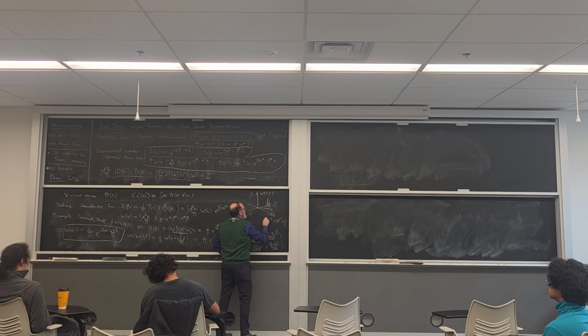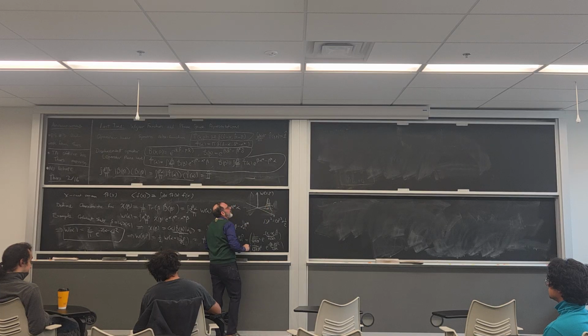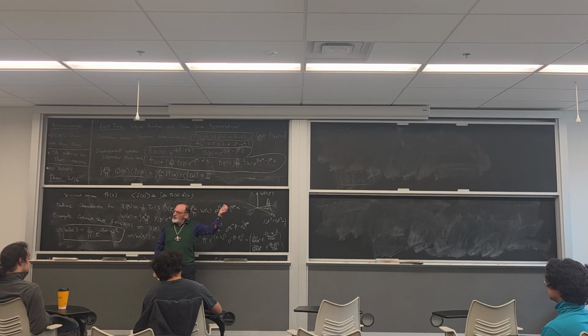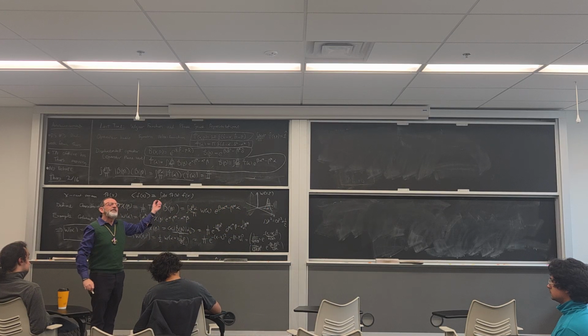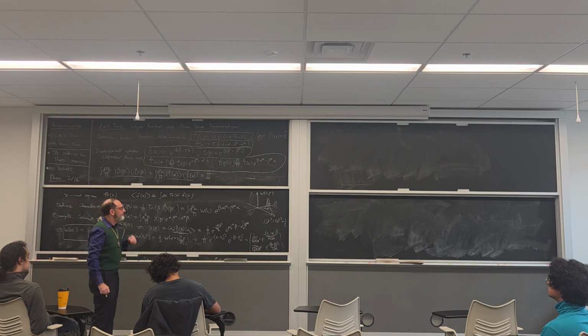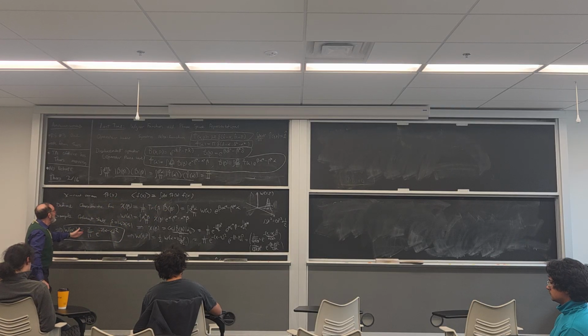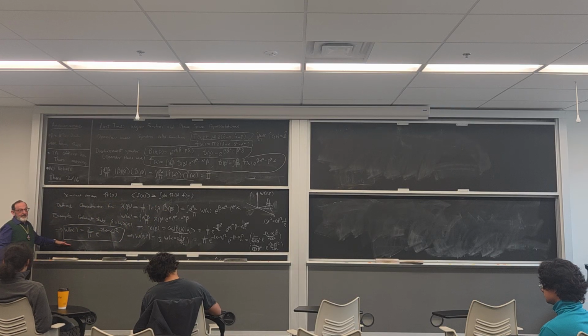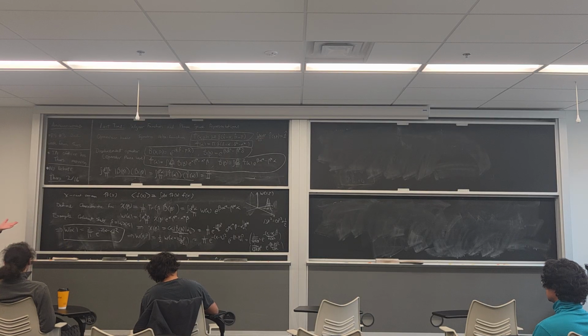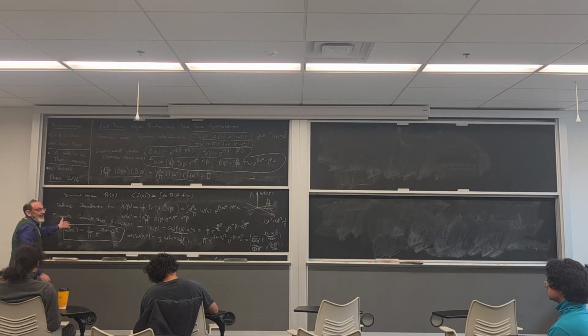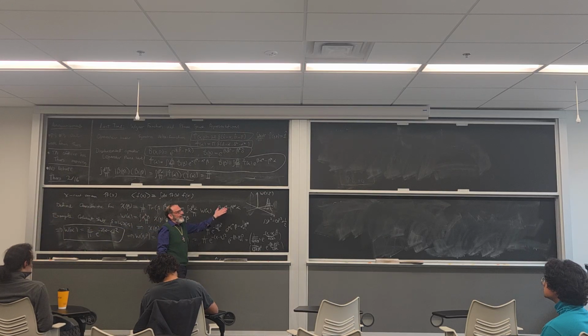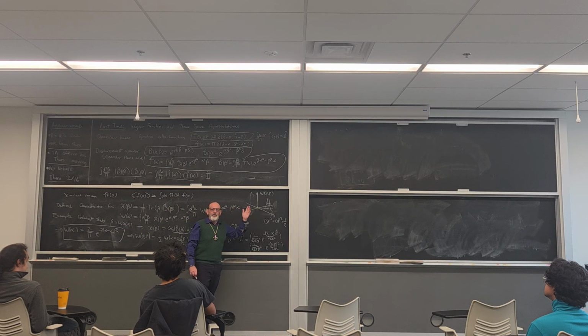Peaked at some point that has some x naught and p naught, with fluctuations that are the same as the vacuum fluctuations. Okay? Interestingly, this thing is everywhere positive. So in some sense, that we'll talk more about, the coherent state is a kind of classical state.